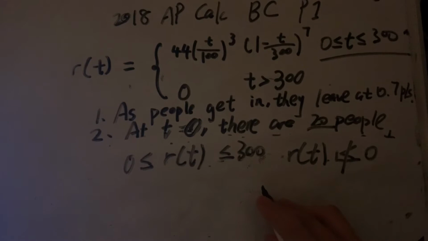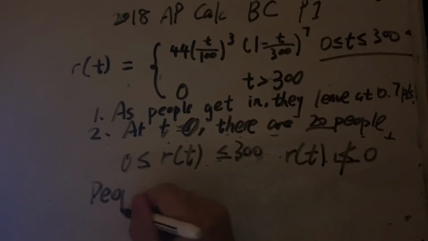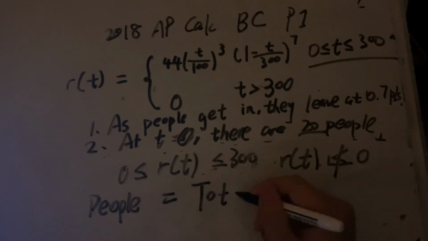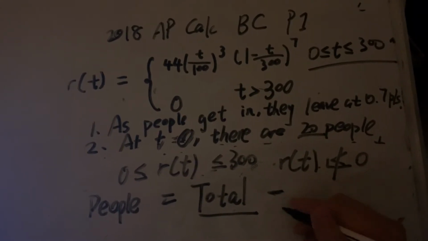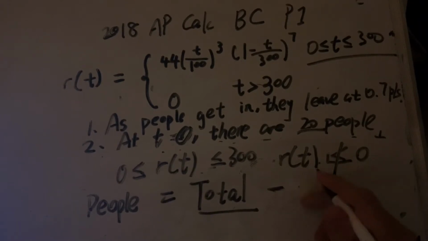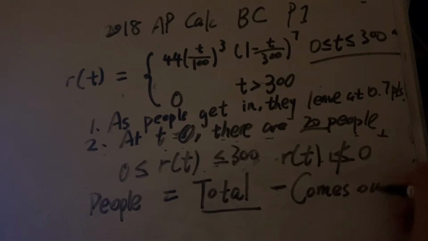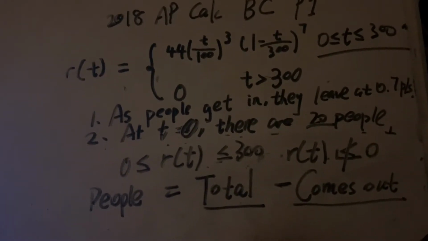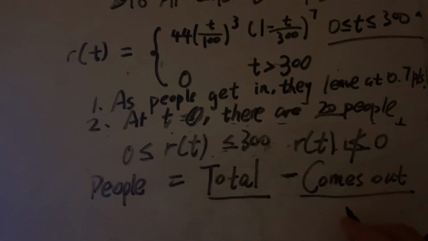If you wish to find the people still in the line, you need to first find the total number of people getting in, then minus it by the total number of people that comes out. After you get this, you will need to find them respectively.